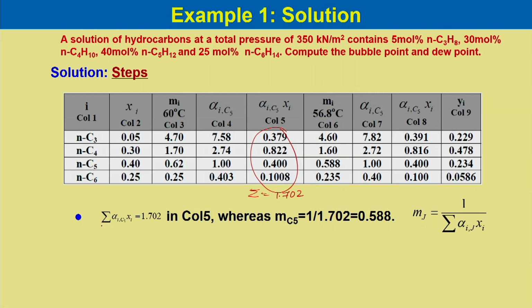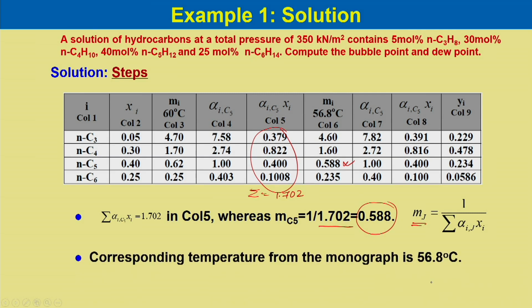So, this summation over alpha iC5 xi is equal to 1.702. So, 1 divided by that value would give us MC5, which is Mj. So, MC5 is 0.588.